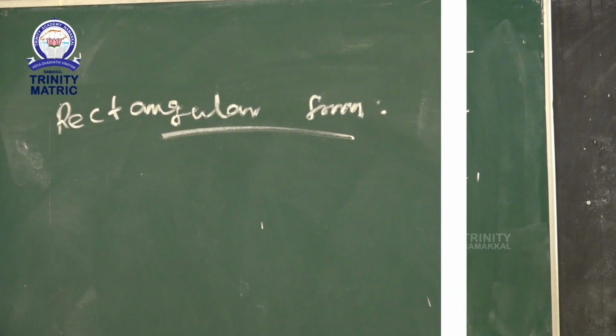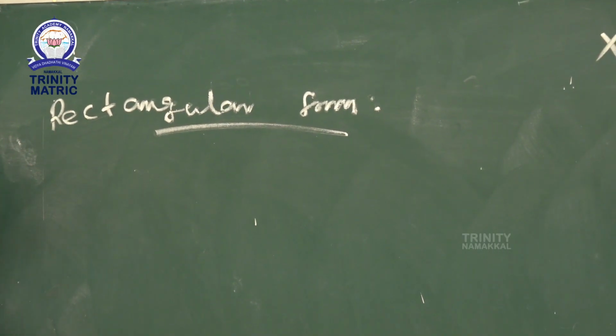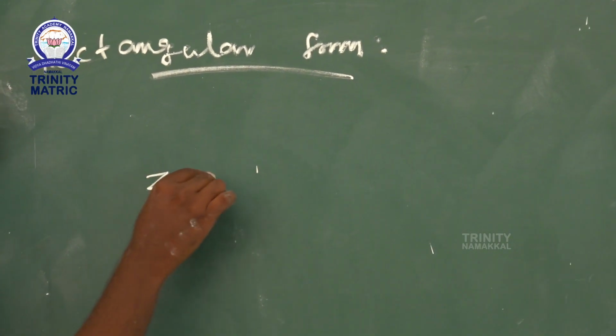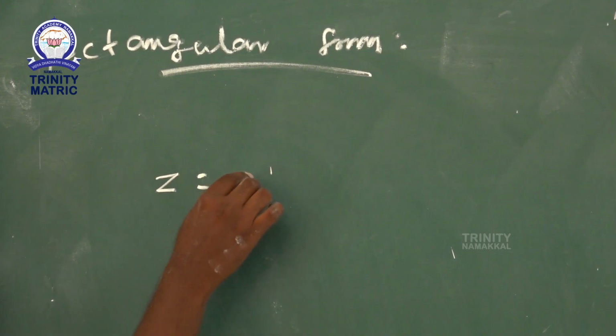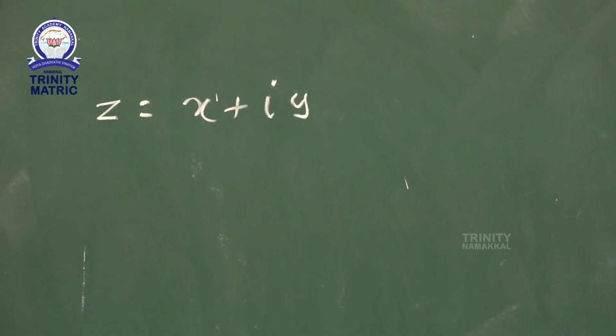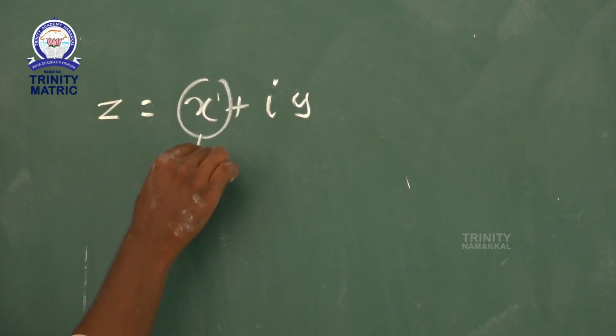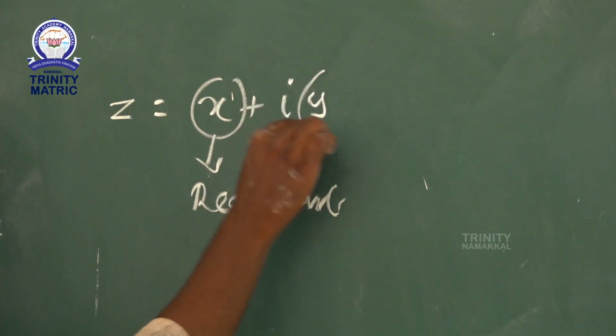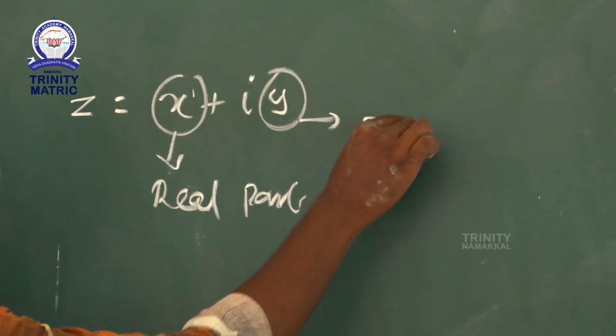Okay, next we go to the rectangular form of a complex number. Here the complex number is denoted by z and it is defined by x plus iy. Here x and y are real numbers, x is the real part and y is the imaginary part.